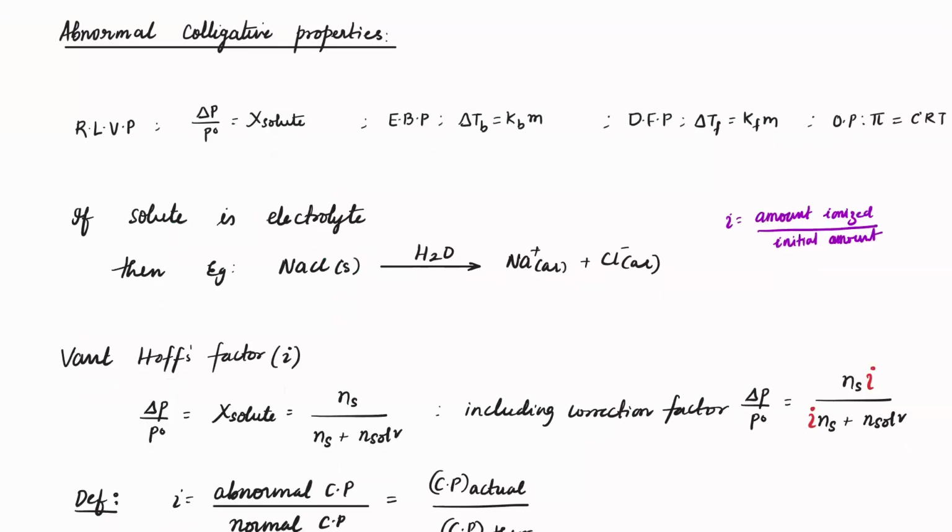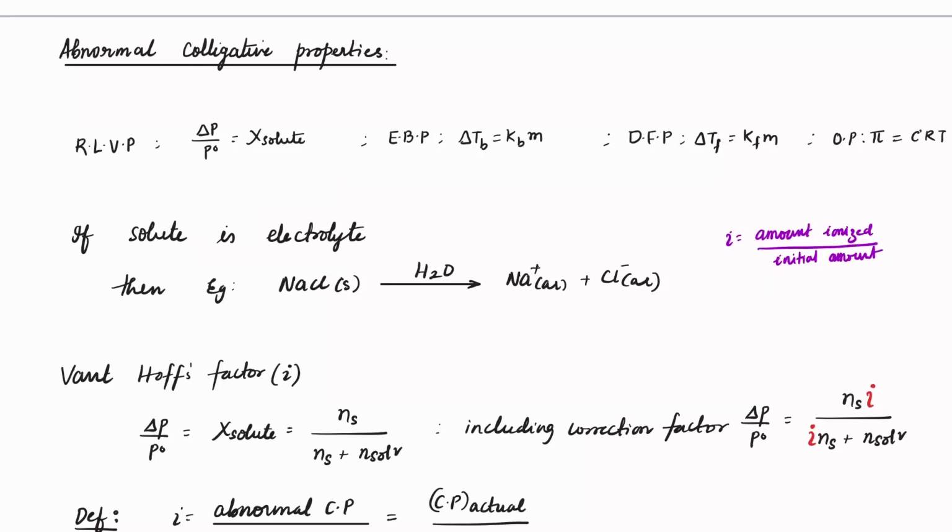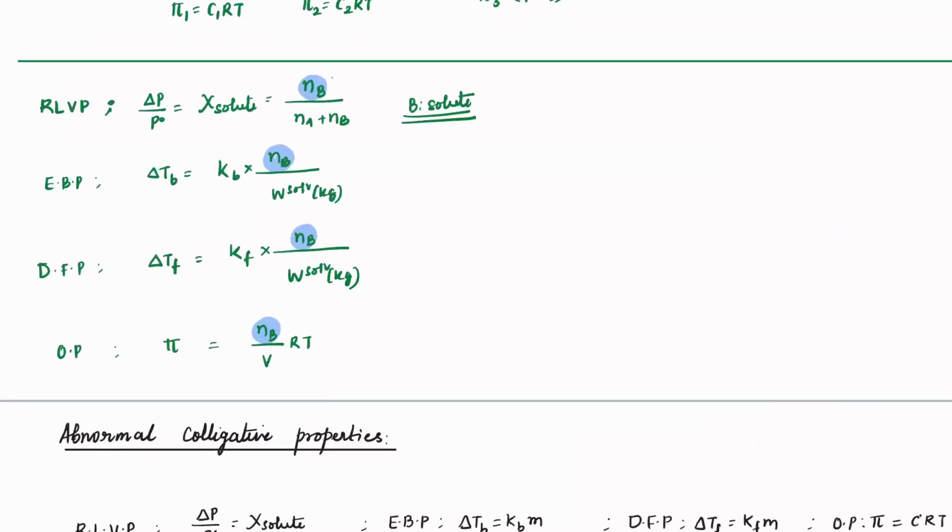Now coming to real scenarios. Because they only depend on the number of particles and not on their identity, it doesn't matter what the particle size is, whether bigger or smaller, whether they are salt or sugar, their nature. It is independent of all of these, isn't it?